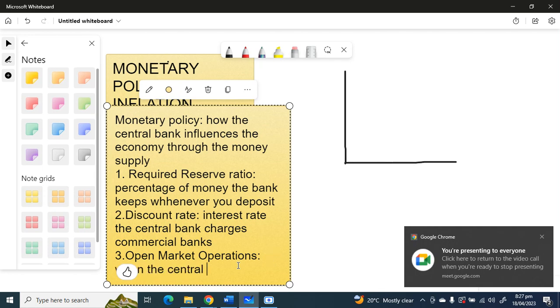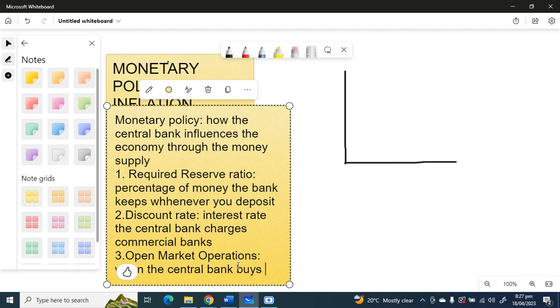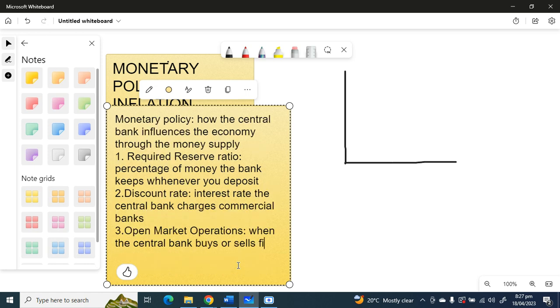This is when the central bank buys or sells financial securities, e.g., shares, bonds.